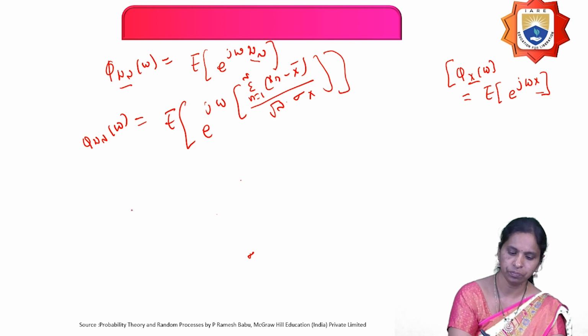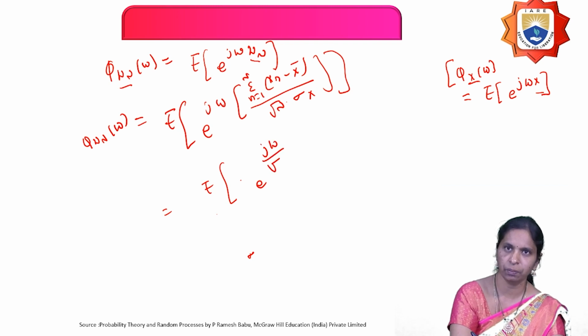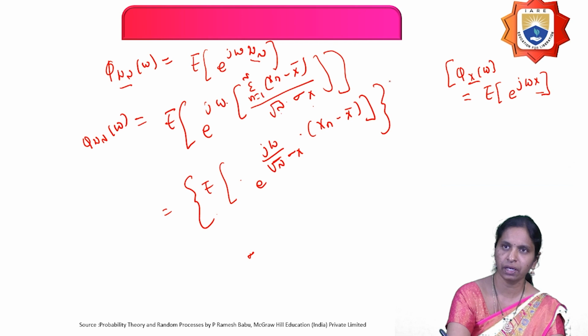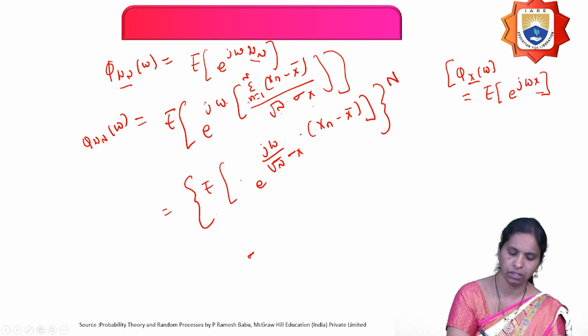How many times are you adding? You are adding n number of times. Then I can rewrite this as the expectation of e power j omega by root n into sigma x into xn minus x bar, and you are going to get this for n number of times. Therefore write n into φ_Wn of omega.